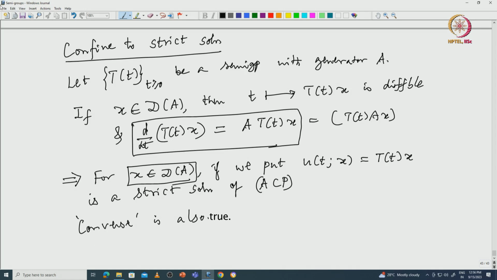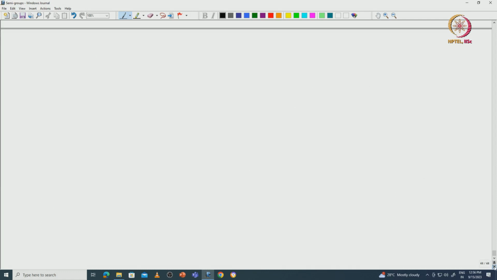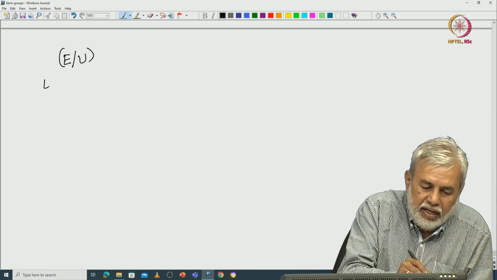So this I will state as a theorem without further discussion. So one more condition, I will just state E and U, which is existence and uniqueness.